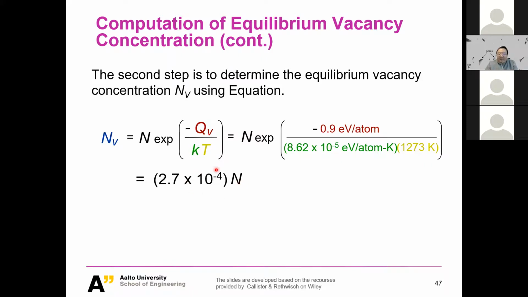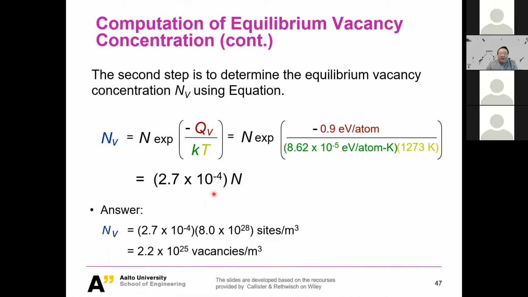It's on the order of 10 to the -4. It's not at the percentage level, but it's not easy to neglect. If you convert it into the exact number, it is significant because it's a lot: about 10 to the power of 25.